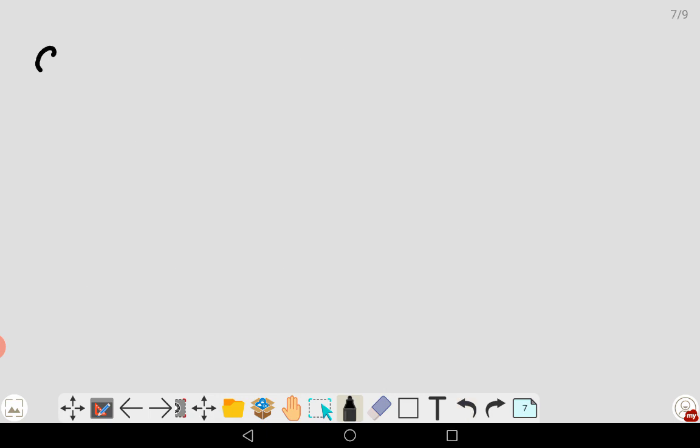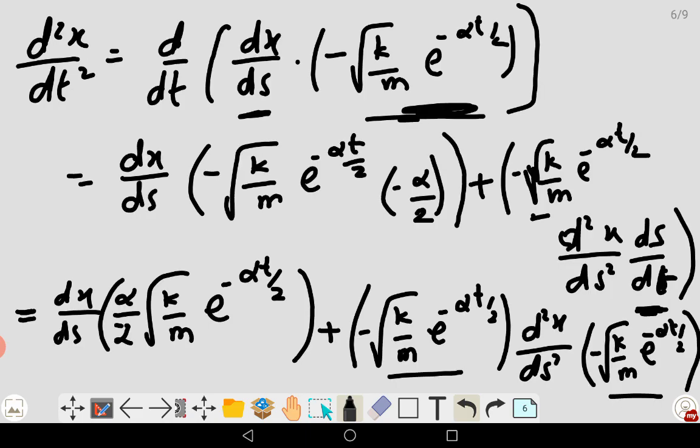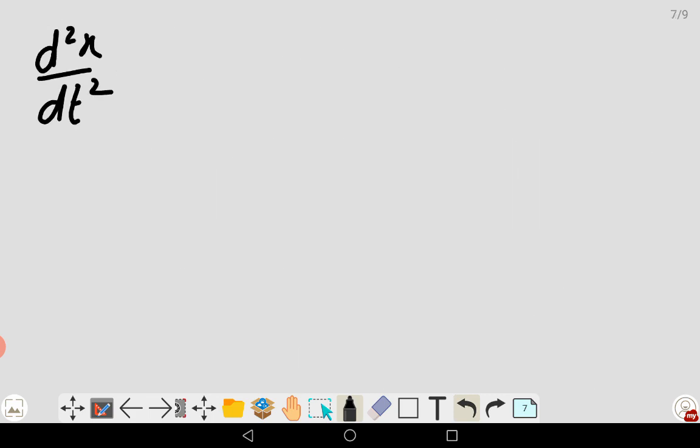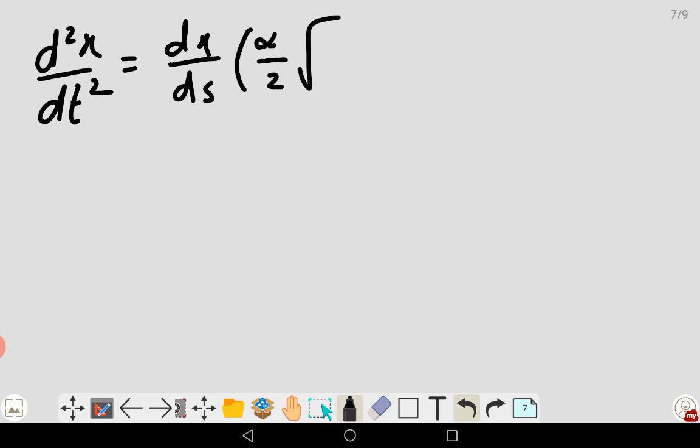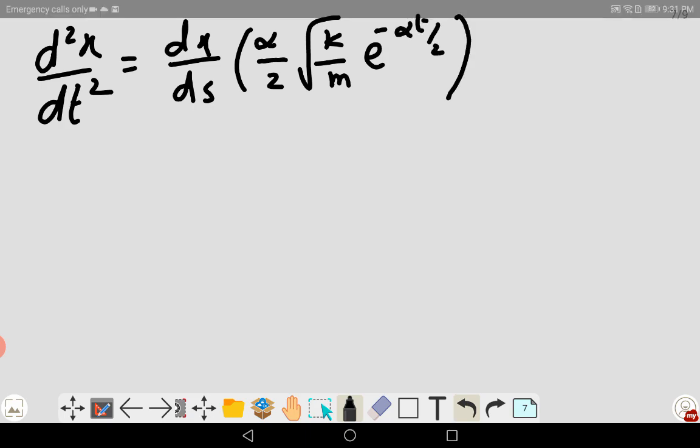I'm going to simplify d square x over dt square, and we should remember our first equation, right? d square x over dt square. Go back. What is it? First term, this one, there is no change here, isn't it? It is equal to dx over ds alpha over 2 square root of k over m e raised to minus alpha t over 2 plus the second term.